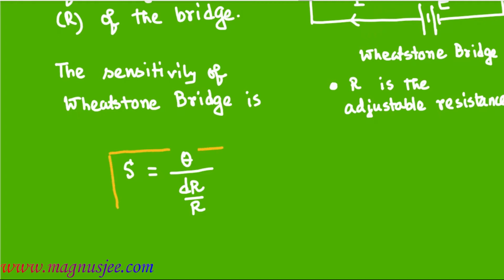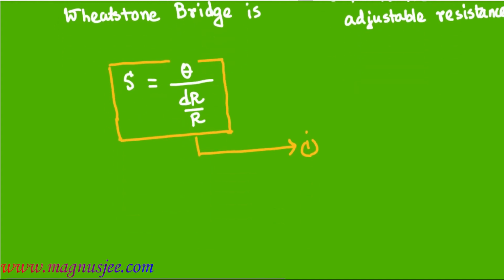S equal theta divided by dR by R. Hence, it is the deflection per unit fraction change of resistance R, where theta is the angle of deflection produced in the galvanometer G connected between the 2 points B and D.